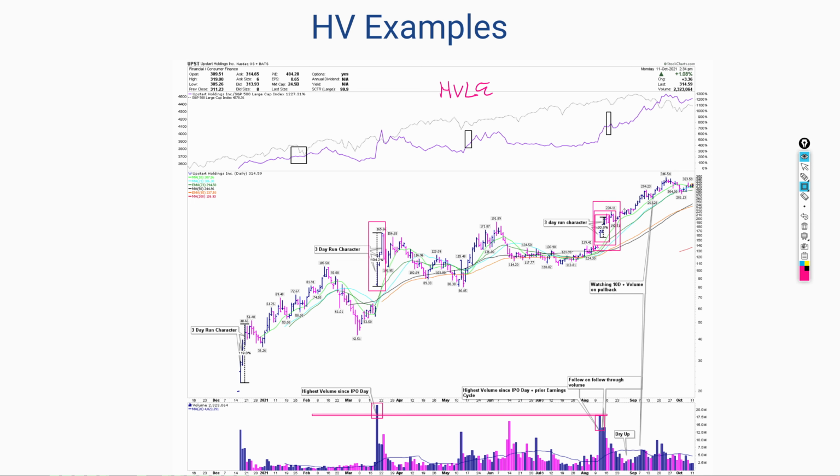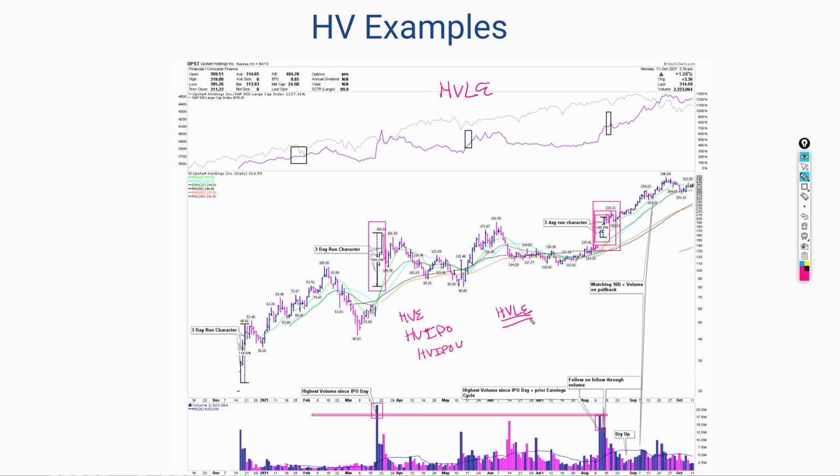You learn to spot these. Again, how did I come up with this? I was noticing that once a stock had a highest volume, HVE, or HV since IPO, HV since IPO week, they would have this follow-through volume, which would be the highest volume since last earnings.